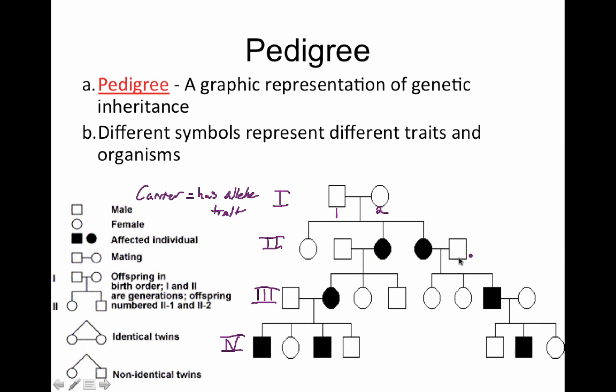So for example, we could have this guy here in generation 2. We can mark up our pedigree this way if we know that this guy's a carrier for a recessive allele. So what does that make him? He is probably heterozygous. All right, and that's what a carrier is, probably someone that's going to be heterozygous for a specific trait.